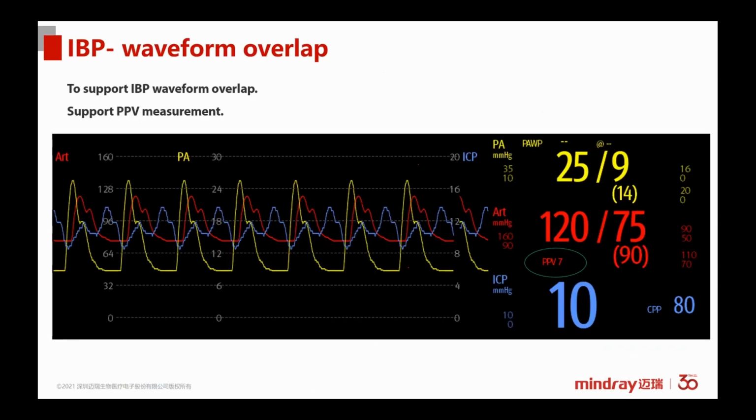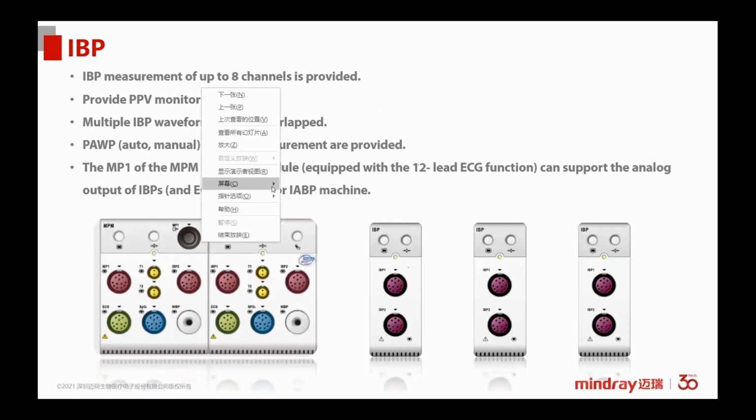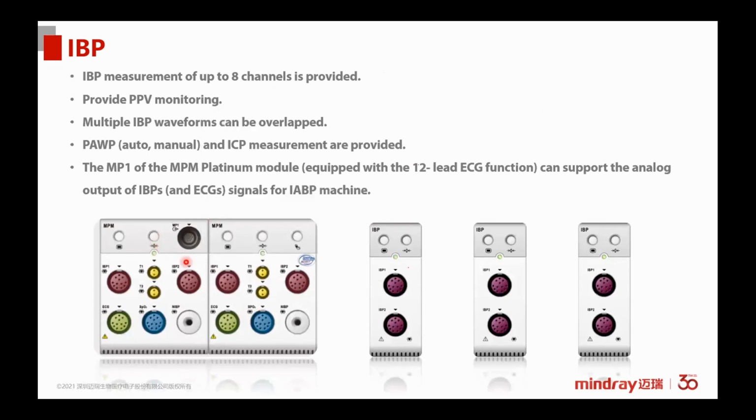If the local IBP signal needs to be used for our external devices, for example, IABP, the MPM Platinum module is required. We have an MP1 connector here. This one can output the signal through the multi-function cable. We can output the IBP signal to other machines.